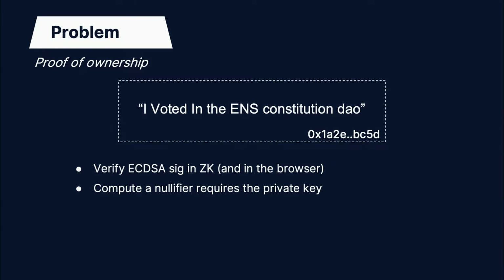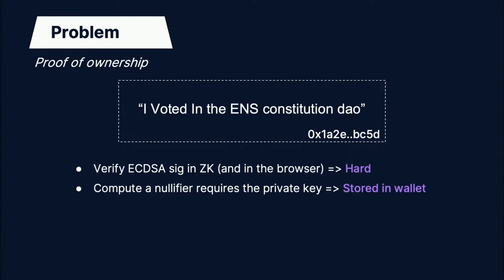To do that inside a zero-knowledge proof, you need to verify the ECDSA signature in zero knowledge, this verification should be computed in a browser, and you need a nullifier to be Sybil resistant. That means avoiding having a lot of different attestations for the same source account.